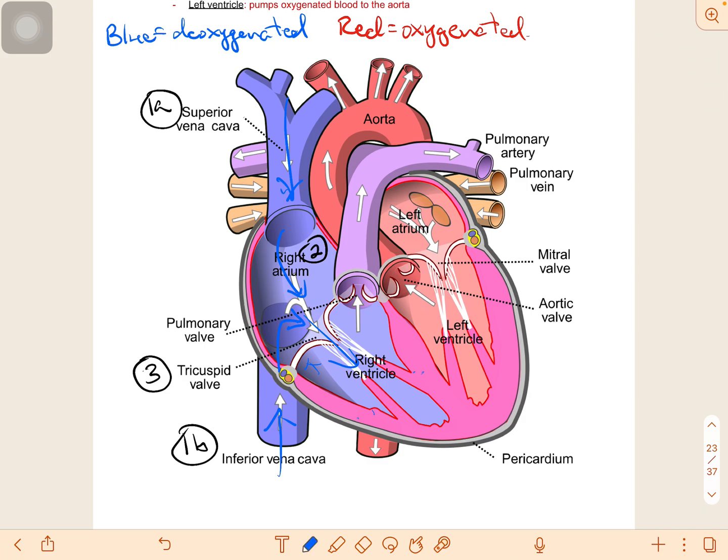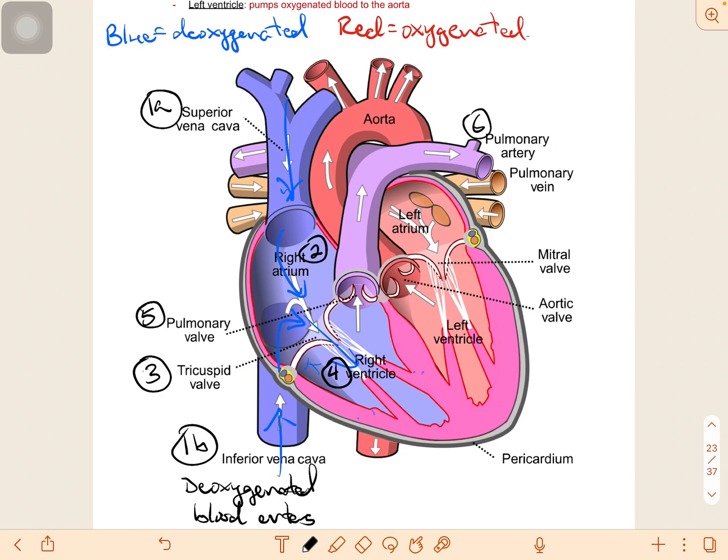So, to quickly review, inferior vena cava and the superior vena cava has deoxygenated blood. As it goes into the right ventricle, which we are going to label number 4, the right ventricle pumps into, or through, number 5, which is the pulmonary valve, and into the pulmonary artery, which we're going to call number 6.